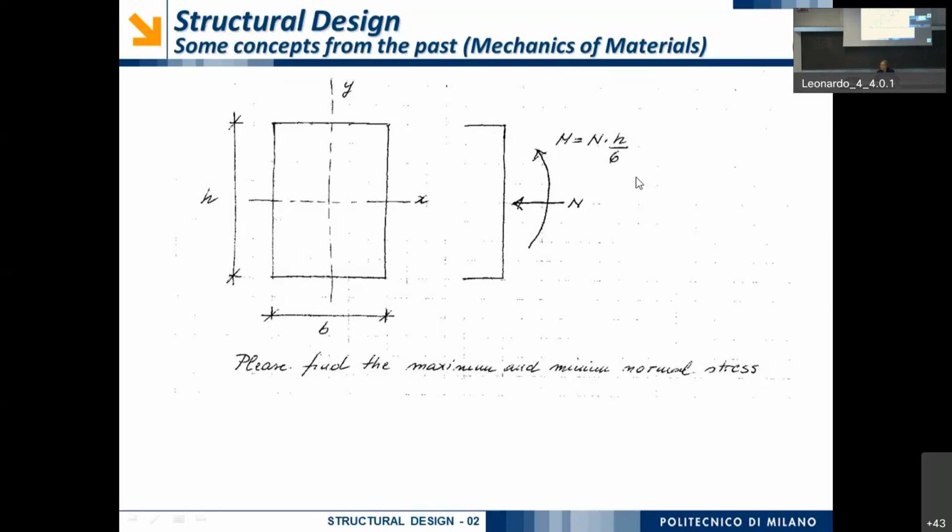What I'm asking you is to please find the maximum and minimum normal stress. Of course, what I expect is that the maximum and minimum normal stress will be at the opposite ends of the cross section. Please compute it.